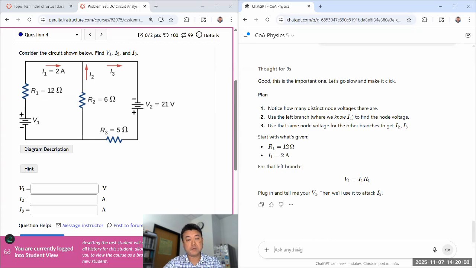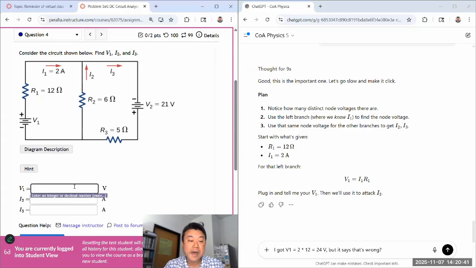So I'll say, I got V1 equals 2 times 12 equals 24 V, but yeah, unless I2 is 0, that's not going to work. Yeah, unless, I don't think that's right. But it says that's wrong.